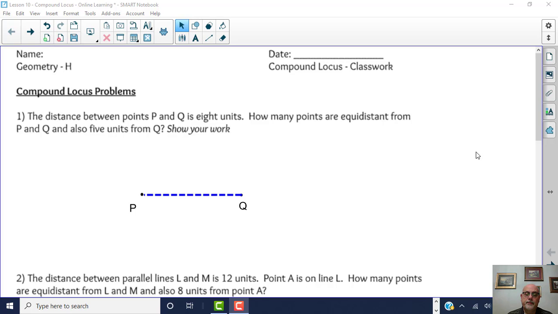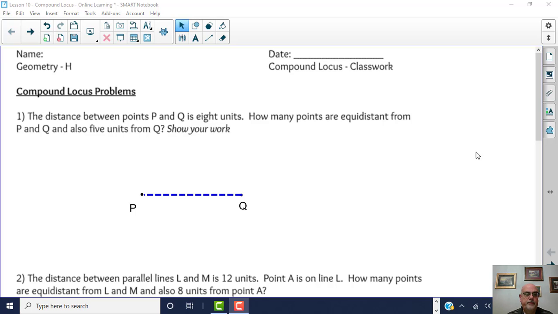And the last one, when you have 2 lines that intersect, or even a single angle, points equidistant from the sides of the angle is the angle bisector. Those are the 5. You're given one of 5 circumstances, and for each one of those 5 that we just talked about, you have a single response.